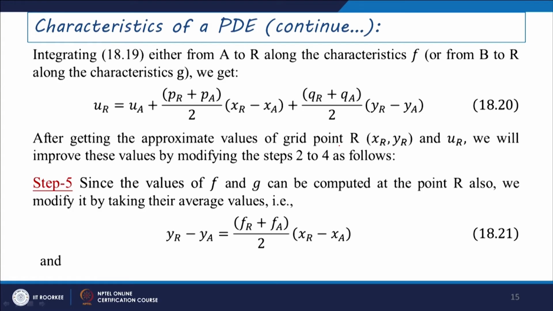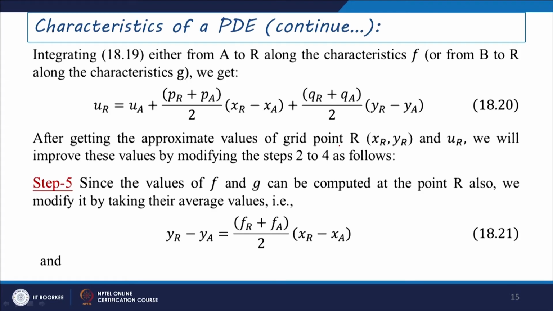And for the q position, it can be written as (qr plus qa) by 2. So we are considering the average of two values, since both these curves intersect at the point R. That is why we consider (pr plus pa) by 2, and similarly (qr plus qa) by 2 into (yr minus ya).